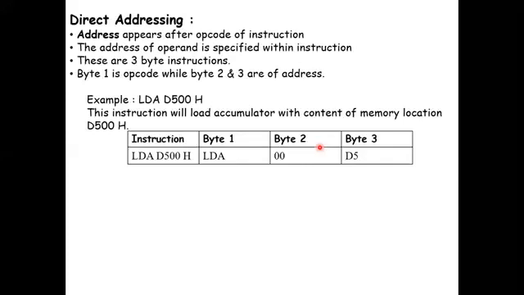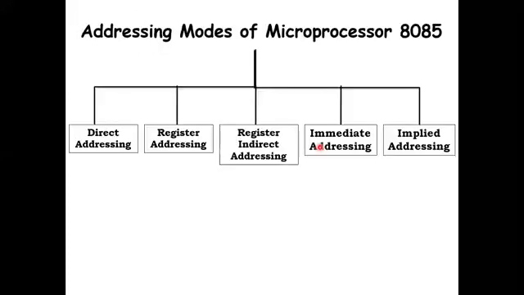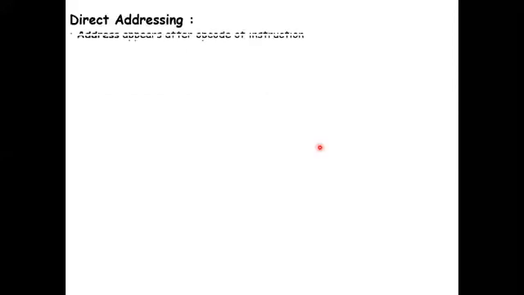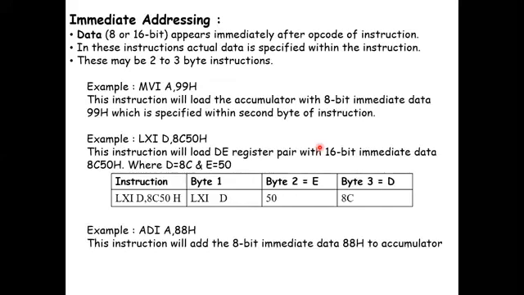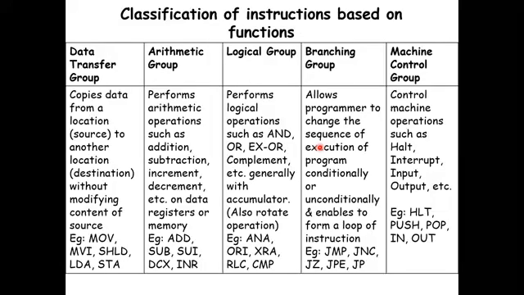Last class we discussed the addressing modes, that is direct addressing, register indirect, immediate addressing and implied addressing. Now, classification of instructions based on their functions: data transfer group, arithmetic group, logical group, branching group and machine control group.